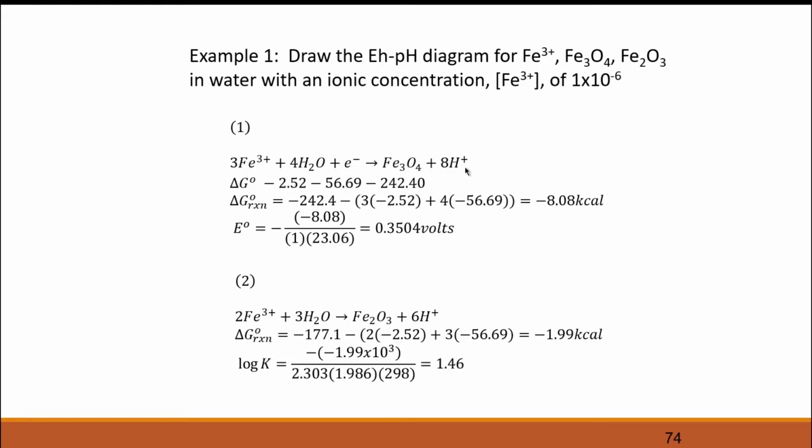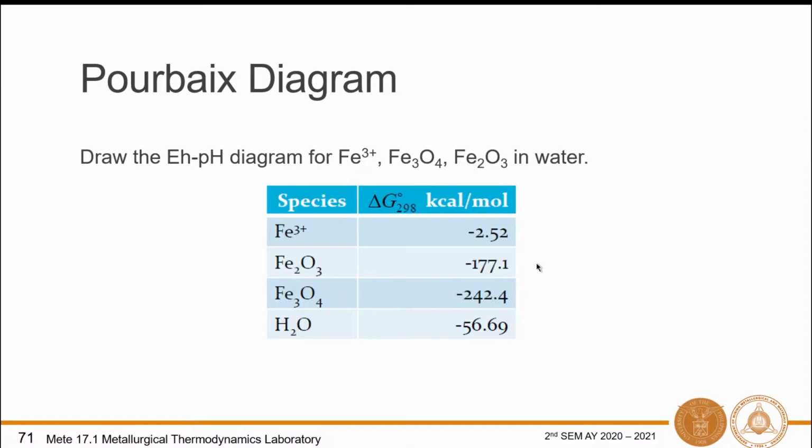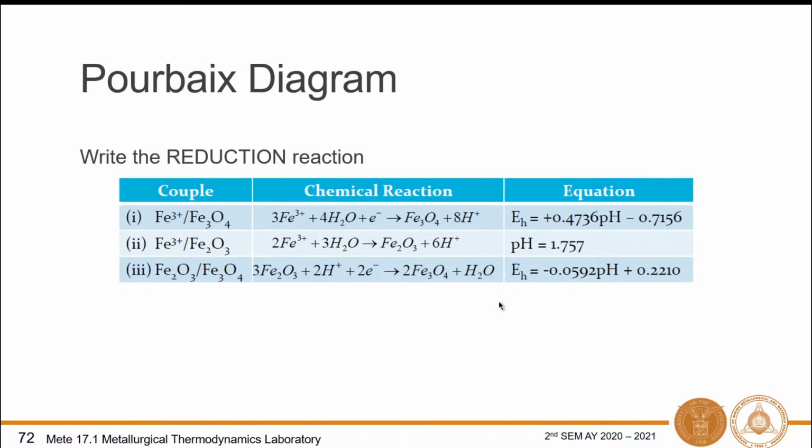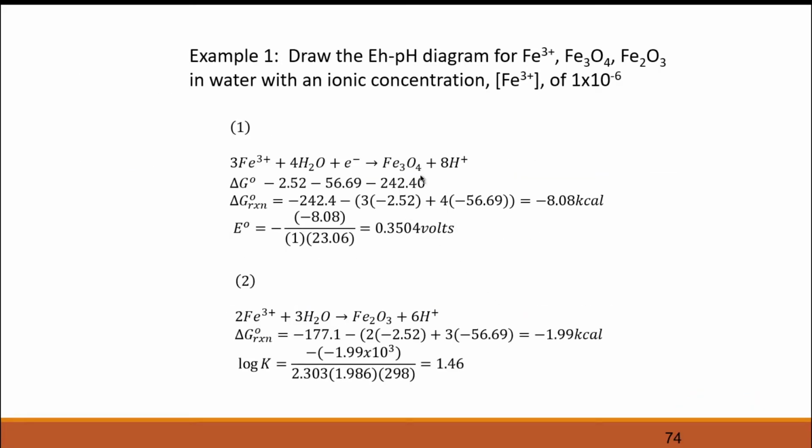So 0, and Fe3O4 has a delta G of formation equal to negative 242.4. Si Fe3 plus has a delta G formation of negative 2.52. Si H2O has a delta G formation of negative 56.69.